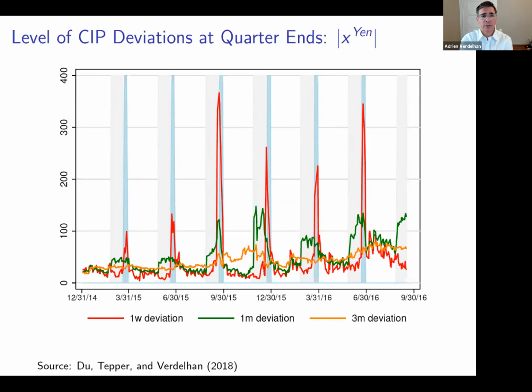And on this graph, it shows up as the blue bars, right? So the CIP deviations exist, and then they spike during the last week of the quarter. If you look at the 1 month CIP deviation, now you have to look at the green line, and you see that it spikes exactly when you enter the last month of the quarter.